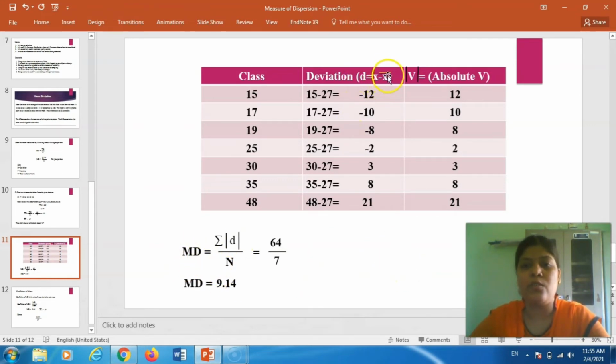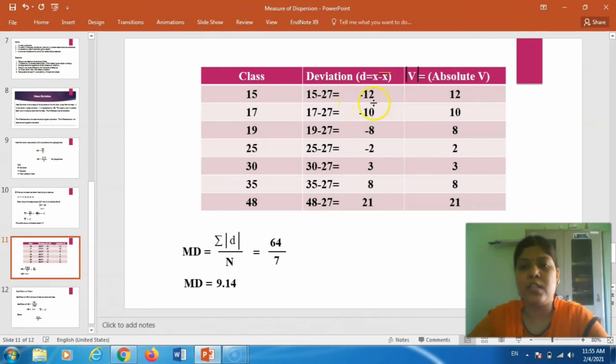Here D is equal to x minus x bar. By subtracting the mean from each variable x, we get these values. 15 is our variable, and 27 is a constant value given here. 27 is our mean, and we subtract the mean from each and every variable. After subtracting, we have got these values.